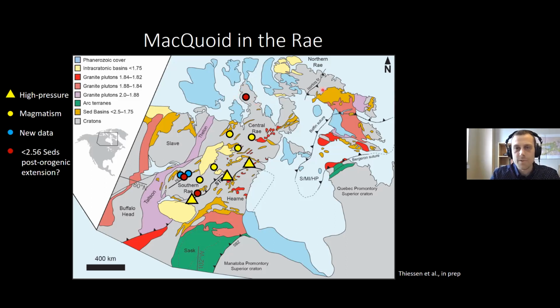I think Mary Sanborn-Barrie and her team have been working on these, and if they correspond with our sediments, what we're likely seeing is this quite large craton-scale extensional event, where these sediments are related to some extension and possibly even rifting that's occurring late in the McCoid orogenic phase. So we're starting to see a lot of details of this McCoid orogen throughout the entire Rae now, which is nice.